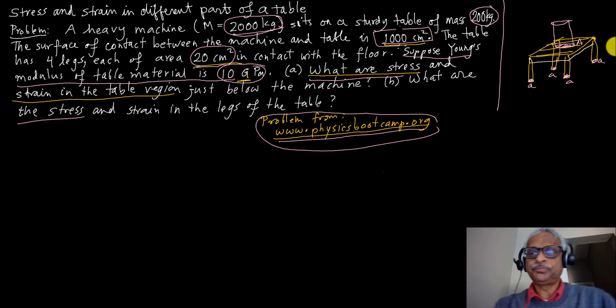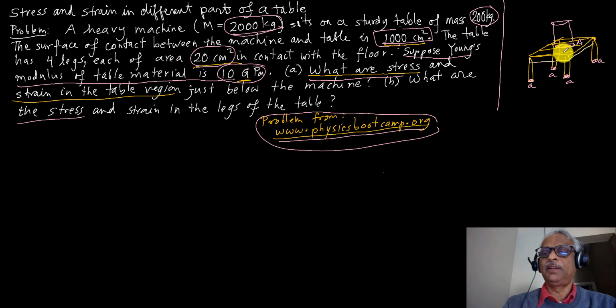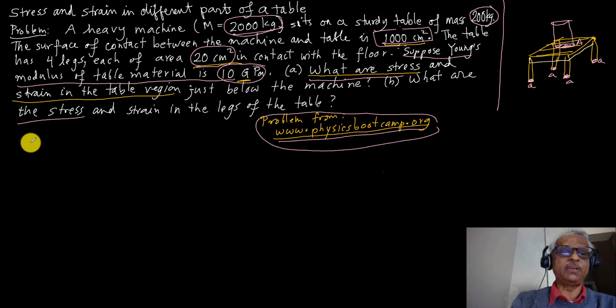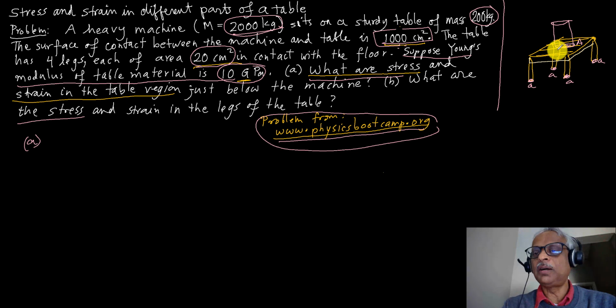So you can see the different parts of wood have a different stress, right? Say I want to do A first. If I do A first, then I will go right under the machine. I will ask a question: what's happening in this tiny space?